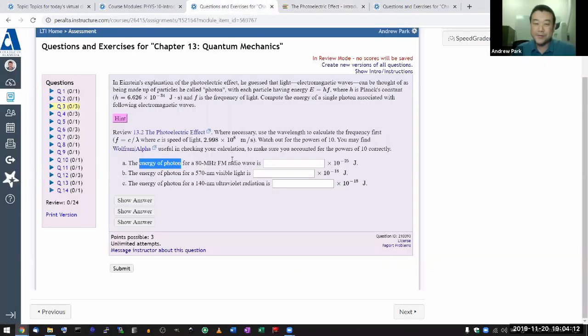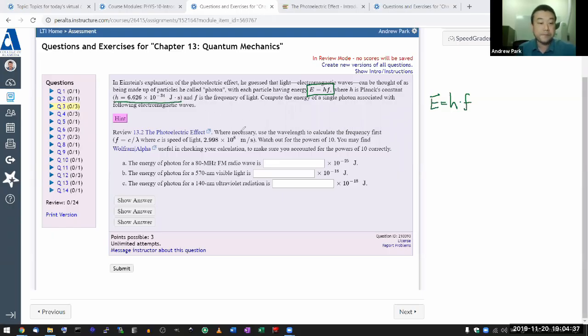So assuming you've done that, let me write it down on the side for myself. The energy of the photon is equal to Planck's constant times frequency. And Planck's constant is given here.